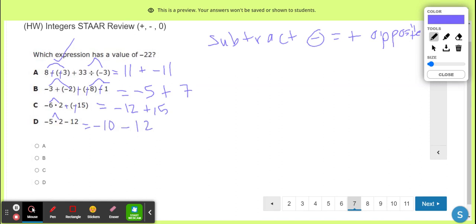Okay, and we're going to add switch. So which one equals -22?